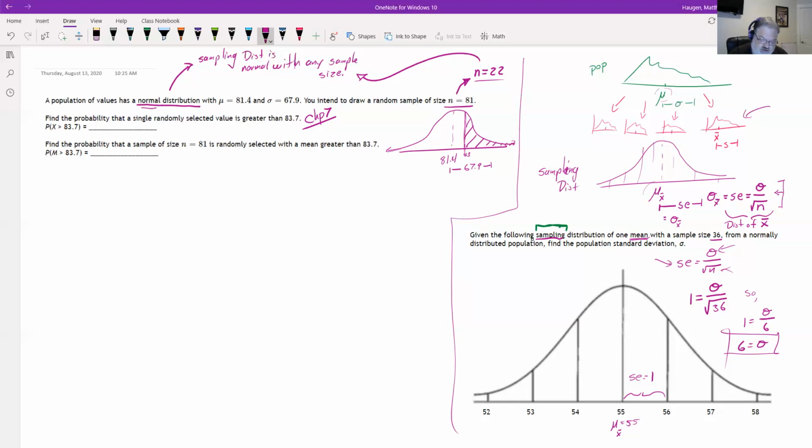Pretty close. So since it's greater than, we don't have to do the 1 minus, depending on your calculator. You guys are probably going to be using the calculator. So we could just go normal distribution from 83 to 1E99 with 81.4 and 67.9.